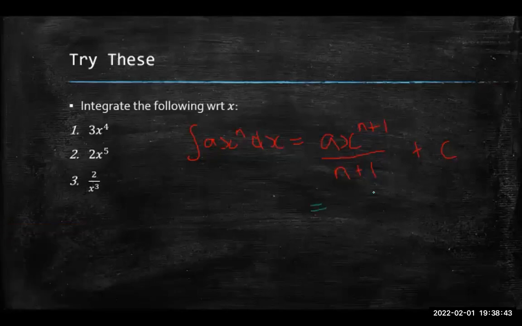According to my rule, 3x to the power 4 would become 3x to the power n plus 1. This n is referring to my power, so that's 4 plus 1. And then I'm also dividing by n plus 1, so that's 4 plus 1 as well.